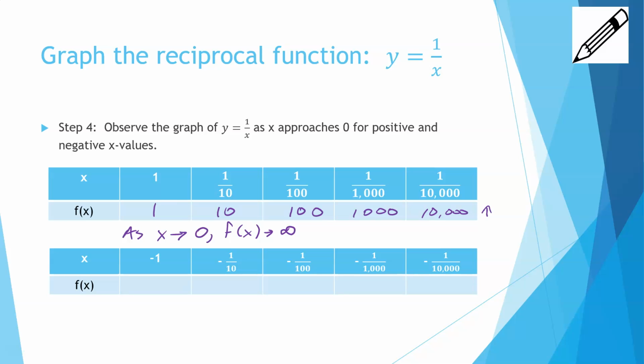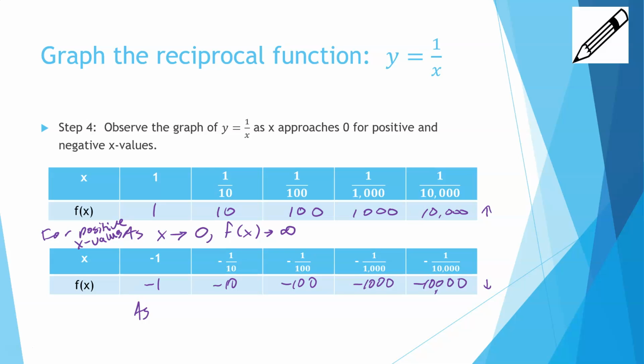Okay. All right, if we do the same thing for negatives. So we go from -1, that would be -1. This would be -10, -100, -1,000, -10,000. So these are actually getting smaller and smaller. So this is for positive x values.